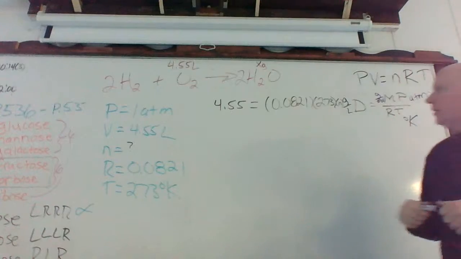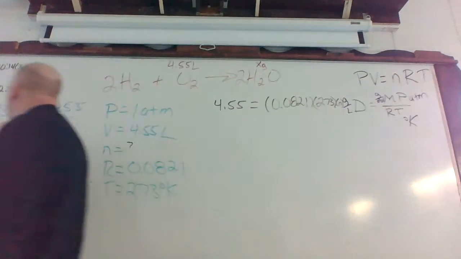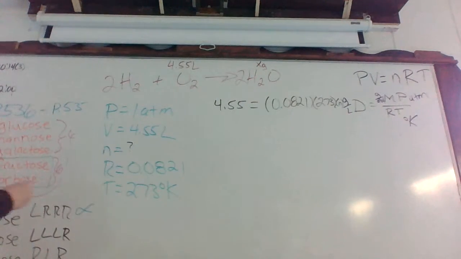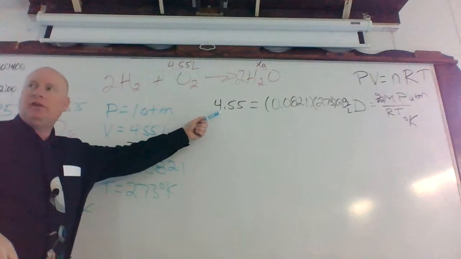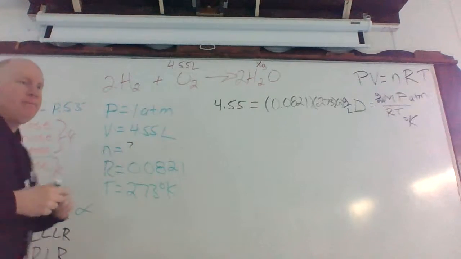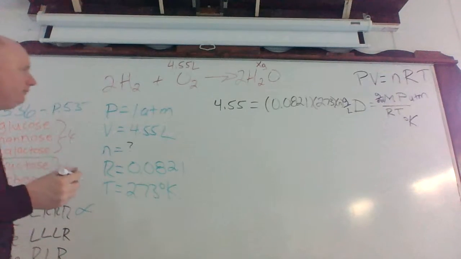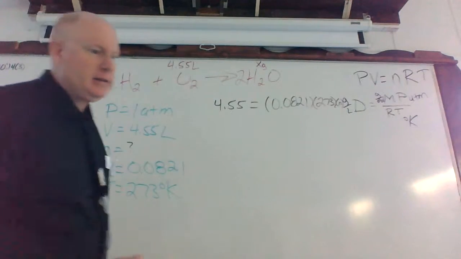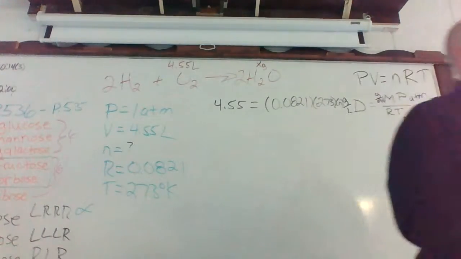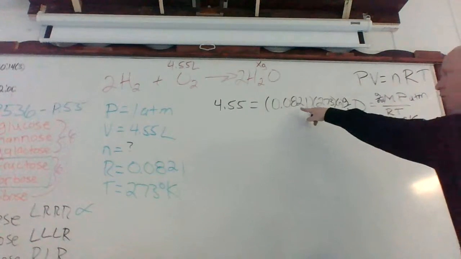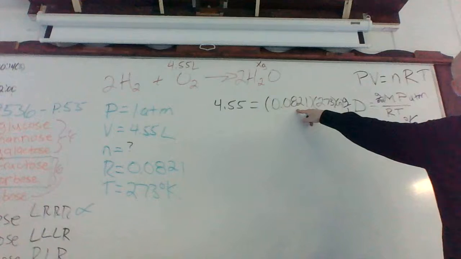Okay. So why did I not write anything else besides that on this side of the equation? Because it's still 1. Okay? So upon doing so, once we do that, when it's at STP, we already know we got 22.4 right here. Correct?